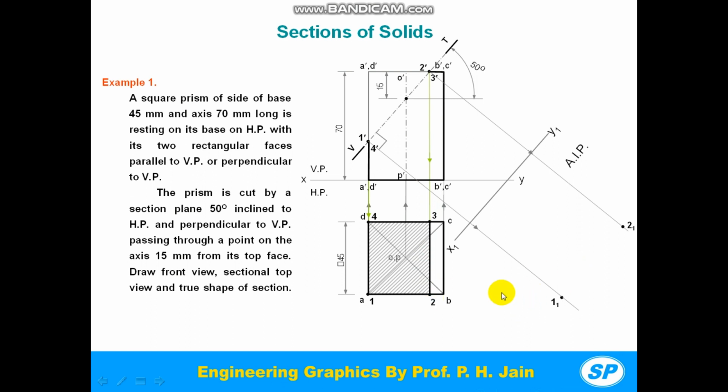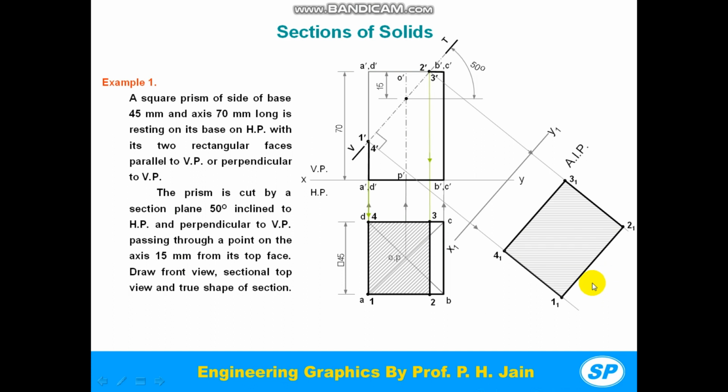Similarly, you can mark section point 3 dash 1 here, and section point 4 dash 1 here. So there are 4 section points. Mark these section points in the auxiliary inclined plane and join them serially. This is the true shape of the section.